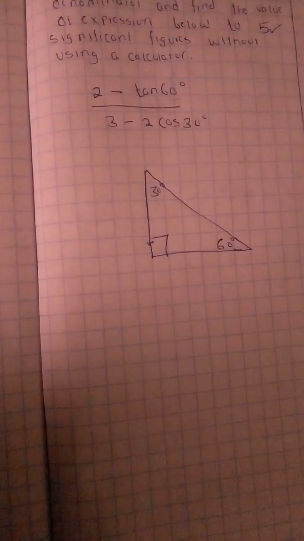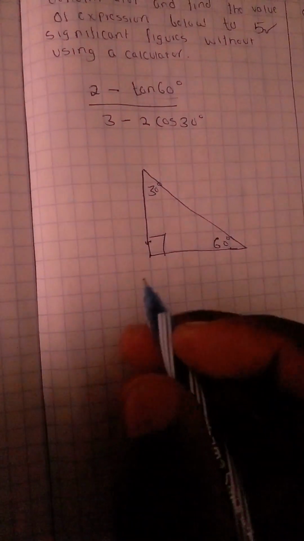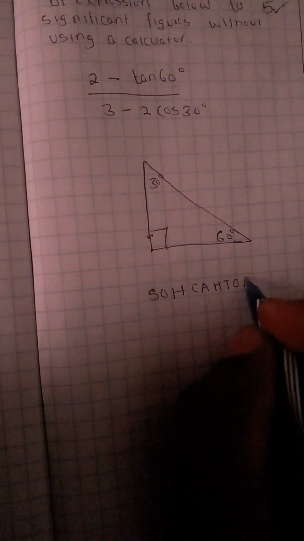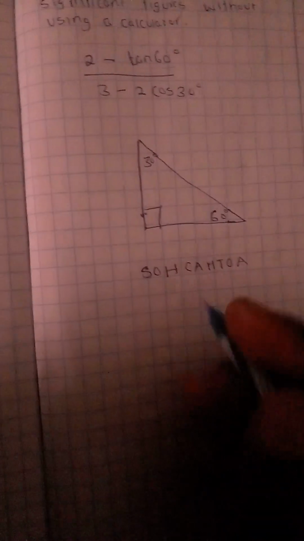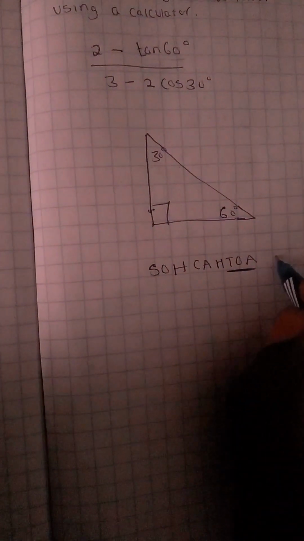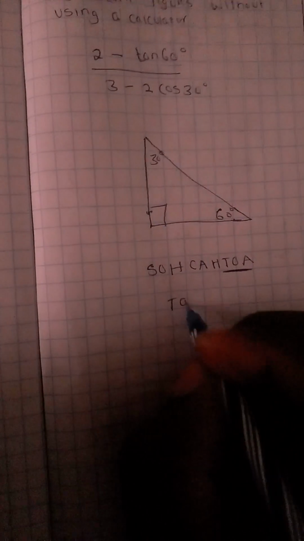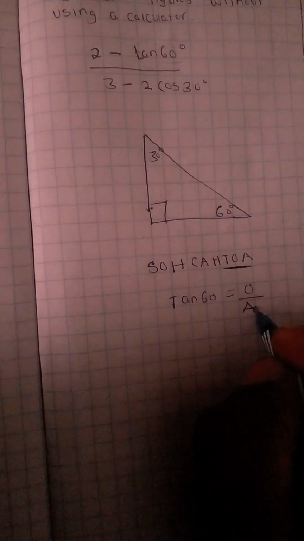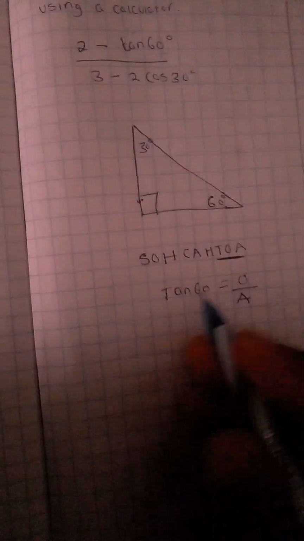So now, you will say tan of 60, we have a special triangle. When you are told tan of 60, it is opposite all over adjacent.